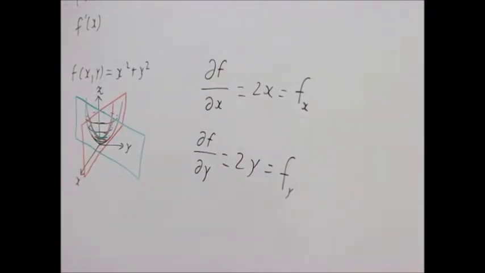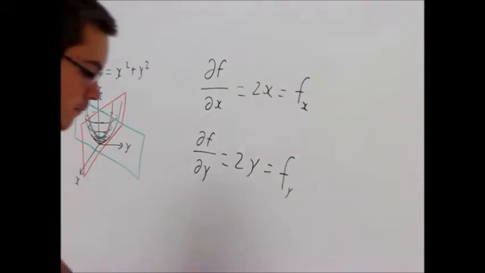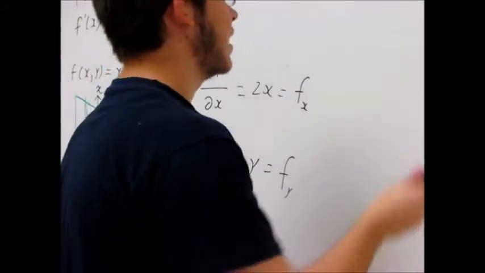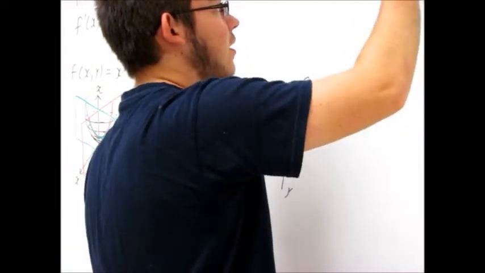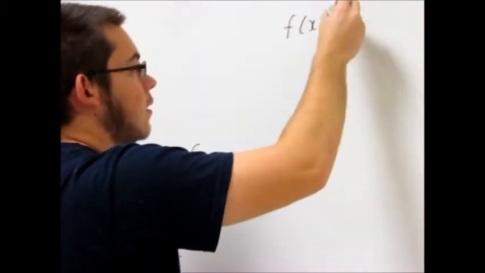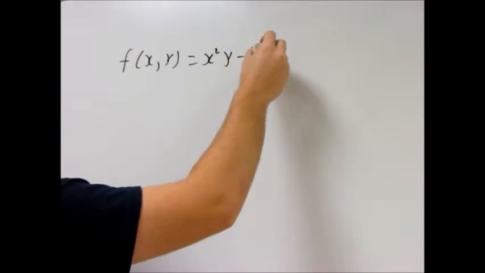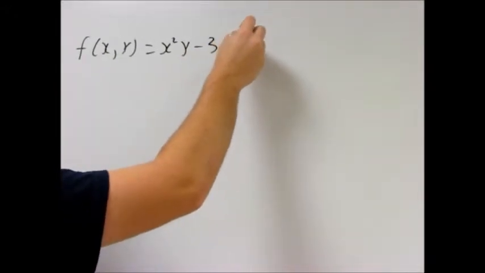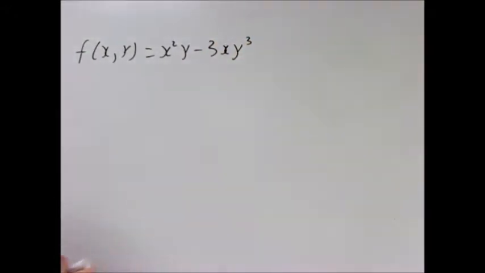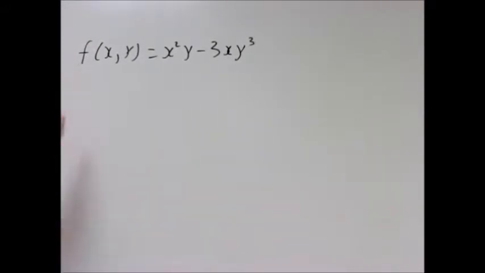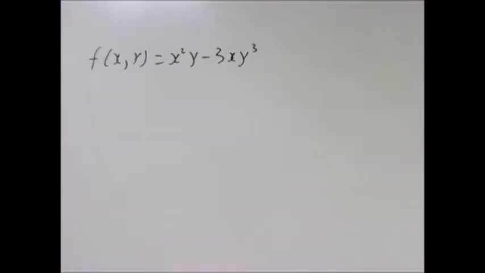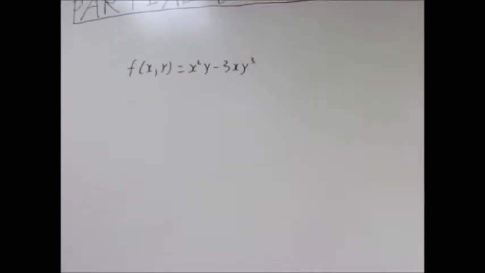So let's do another example now, let's say a more complicated function. So let's say we have f of x comma y equals x squared y minus 3xy cubed, for example. What we can do is we can take the partial derivatives.